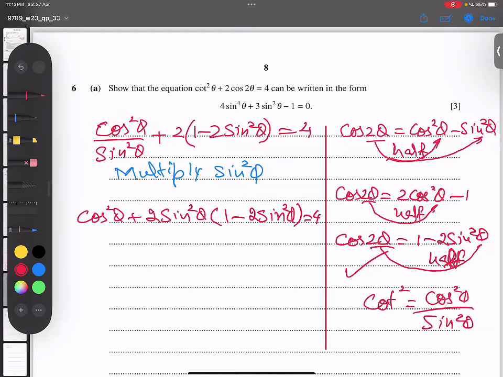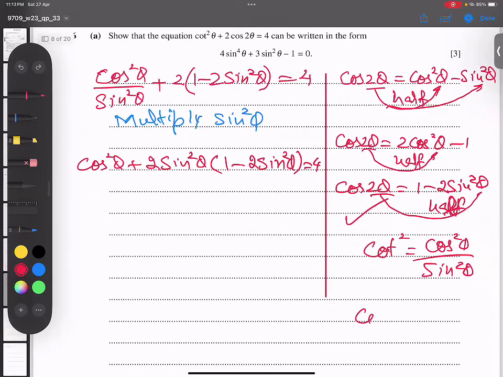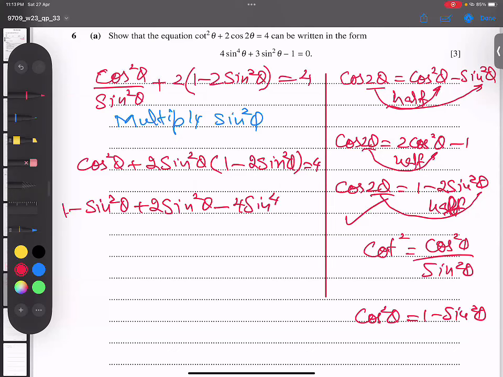So student, this is a value of, it is an AS level formula: cos squared theta is equal to 1 minus sine squared theta. Okay, this whole thing multiplied inside, I can say I got 2 sine squared theta and minus 4 sine 4 theta and equals to 4.